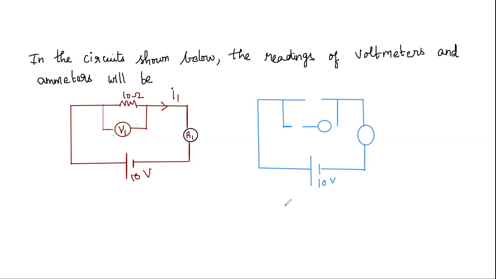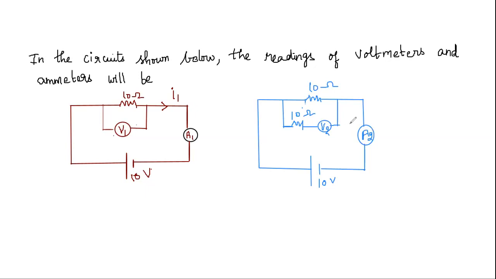Here you are having one 10 ohm resistor, and here also you are having one 10 ohm resistor, and this is V1. This is actually V2 voltmeter. This is V2. It is connected like this, and this is A2.